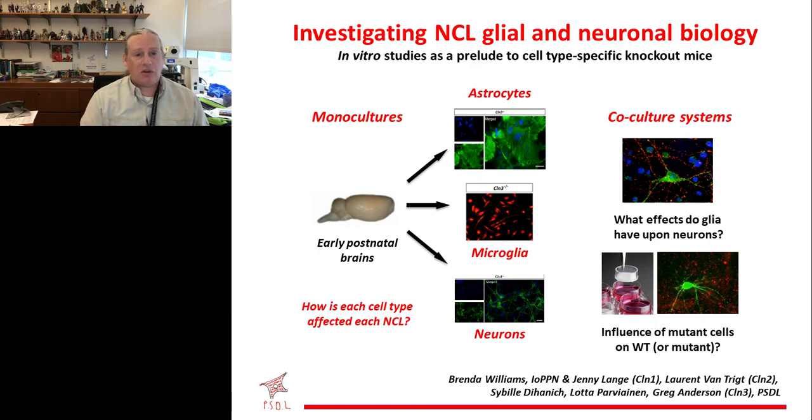And in co-culture systems, we can grow different combinations of astrocytes and microglia and neurons and mix and match healthy or mutant cells and see how they interact and influence one another. So what I'm going to do is talk through some of the results we've got from first CLN3 and then CLN1 mice and show you what we actually found.